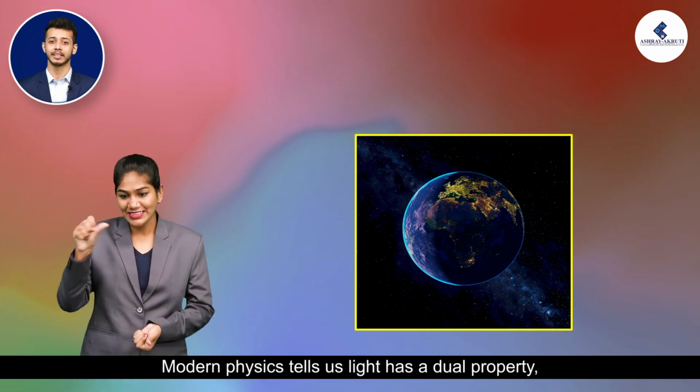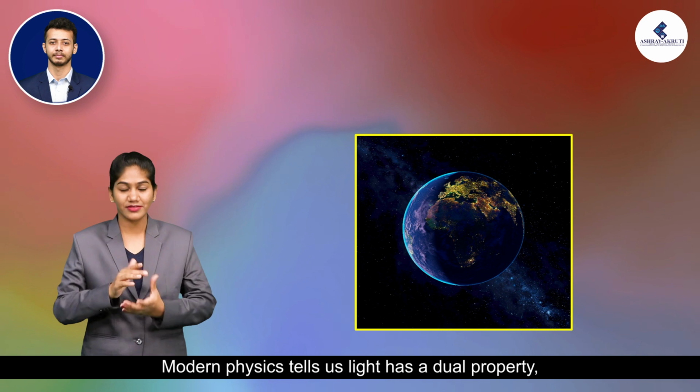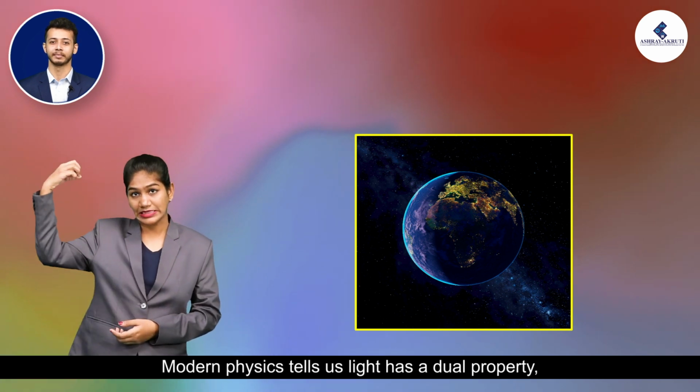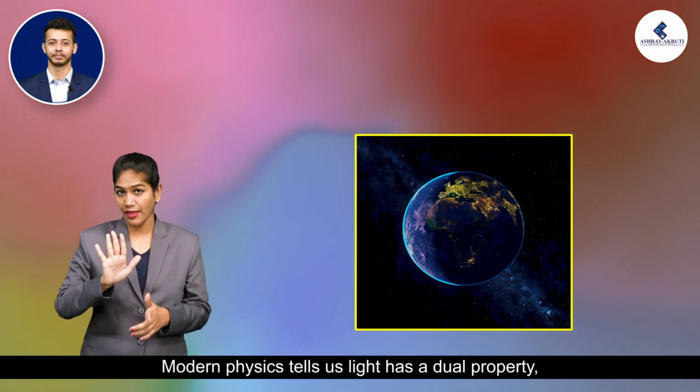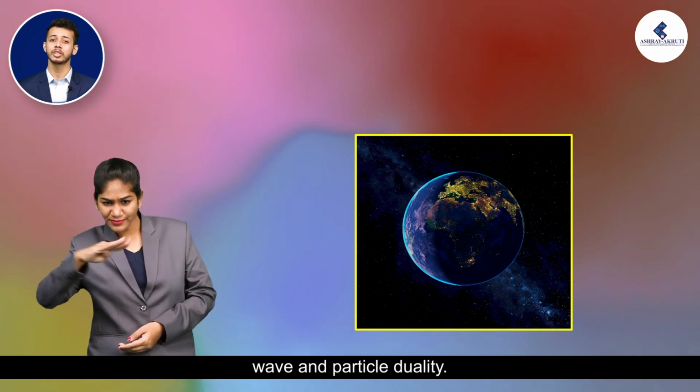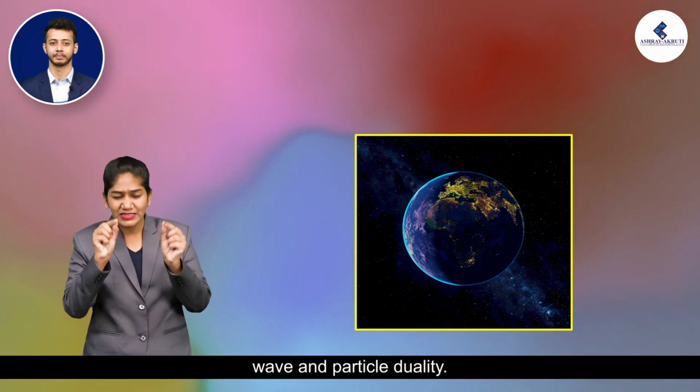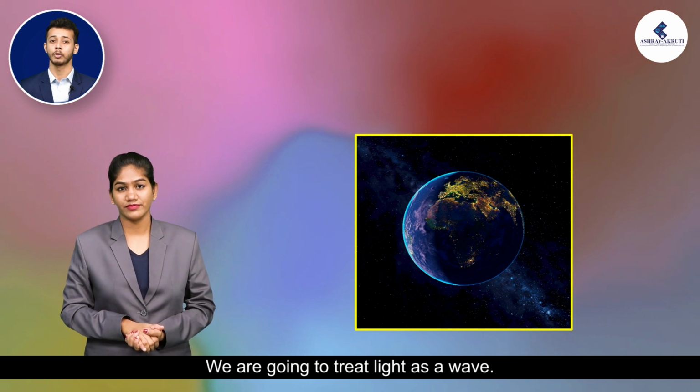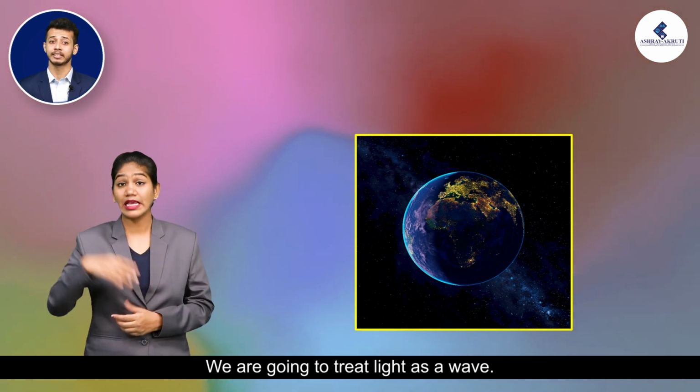Modern physics tells us light has a dual property: wave and particle duality. We are going to treat light as a wave.